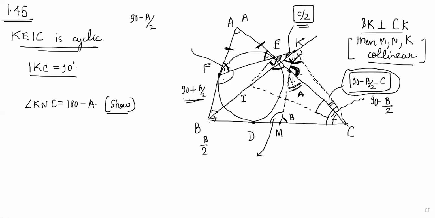Wait, I saw wrongly. N and M are midpoints, but that doesn't mean it's isosceles. Oh, so CDE, that's isosceles, right? Oh, yeah. I don't think it is correct. I was wrong. Let's think.